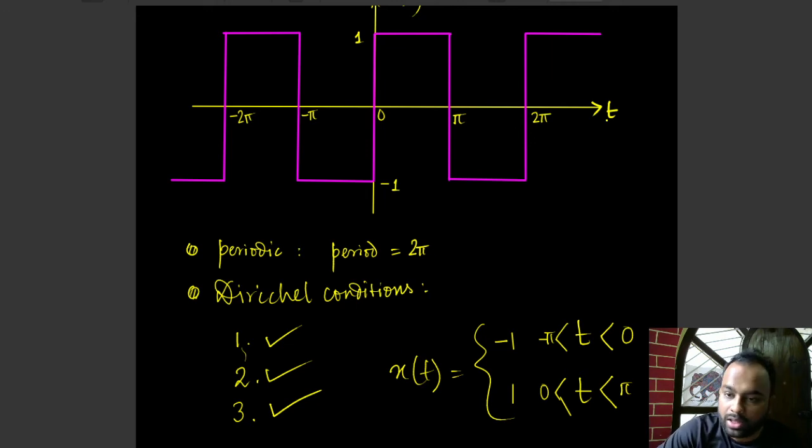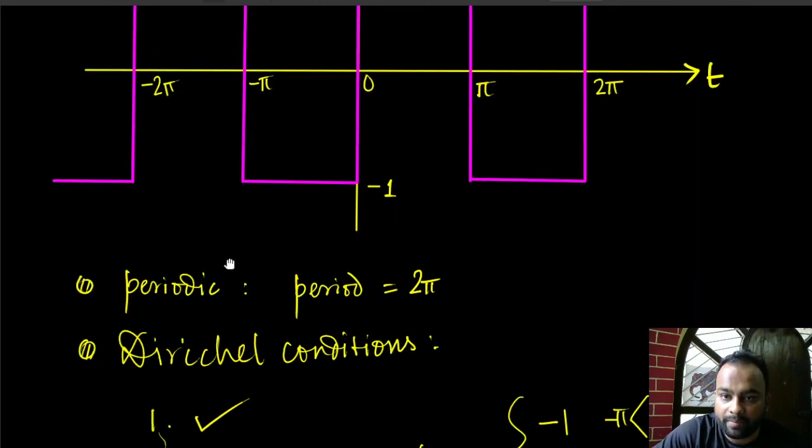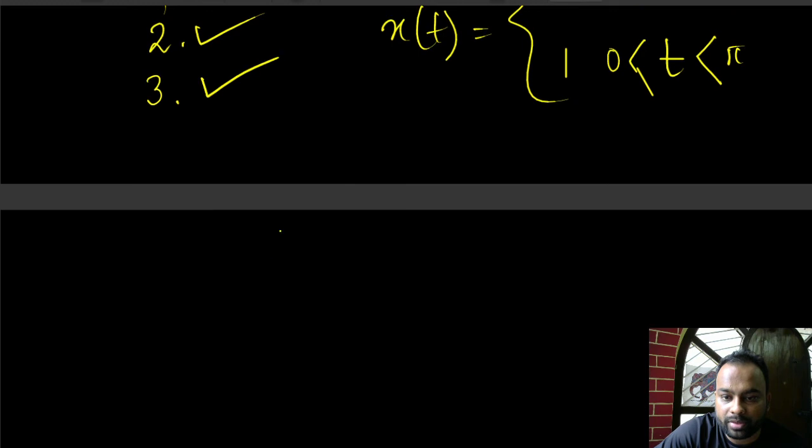So now we have that previous scenario where I know about the signal, but I also know that this signal is expressible in this form.